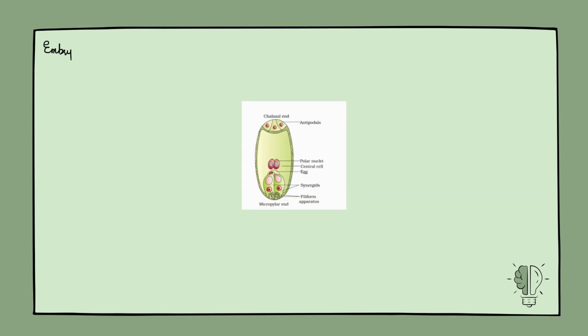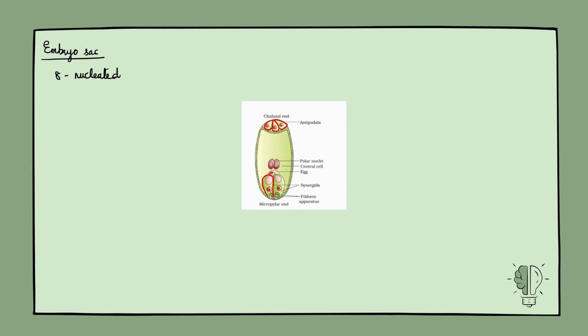Now we know that an embryo sac is 8-nucleated, right? Now within the embryo sac, 6 nuclei get enclosed by cell walls and they are organized into cells.